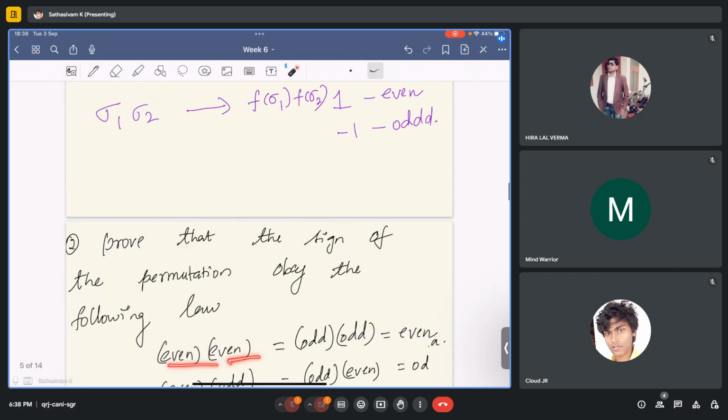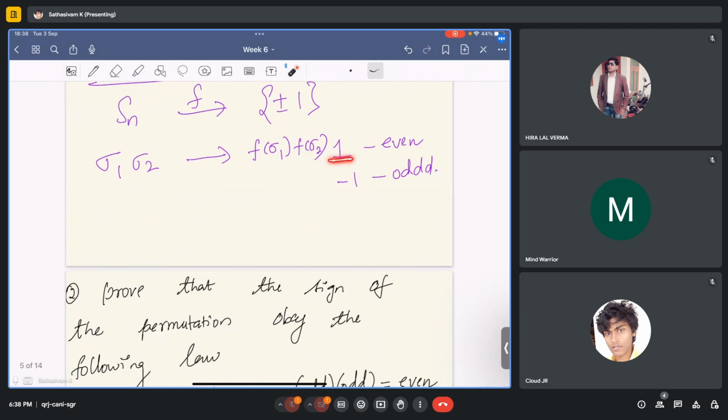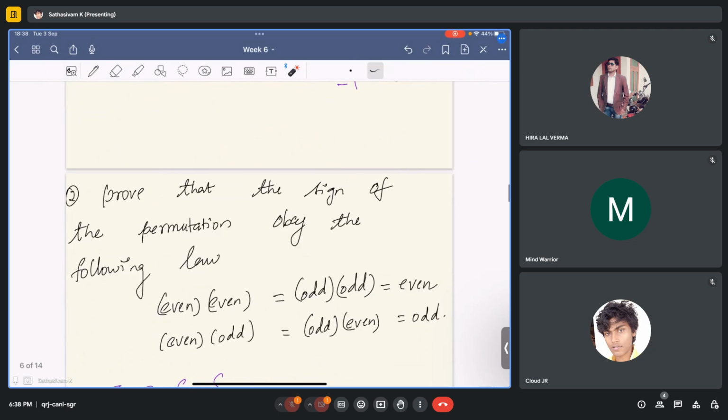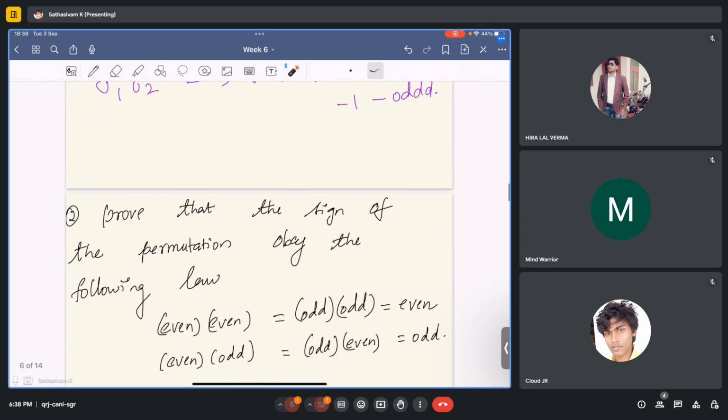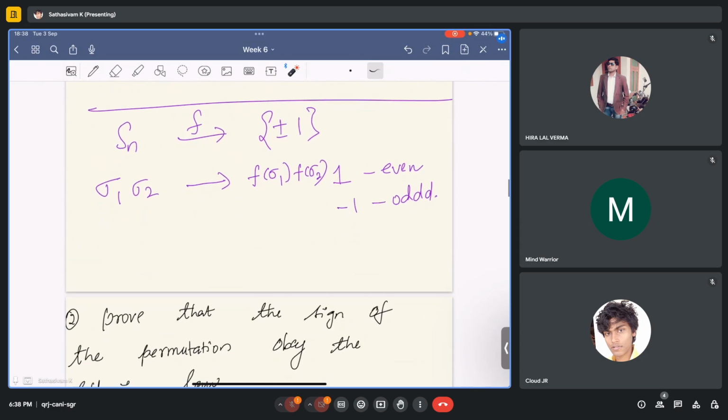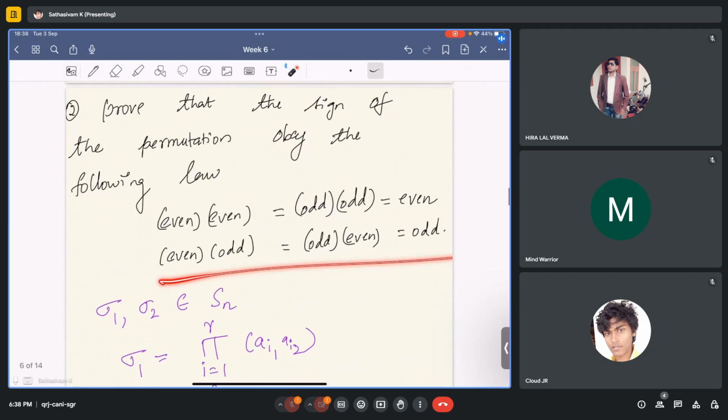Even and even gives 1. Odd and odd means you take minus 1 and minus 1, multiply, you get 1. If sigma 1 is an odd permutation, f of sigma 1 is minus 1. And similarly, you can do for the other cases.